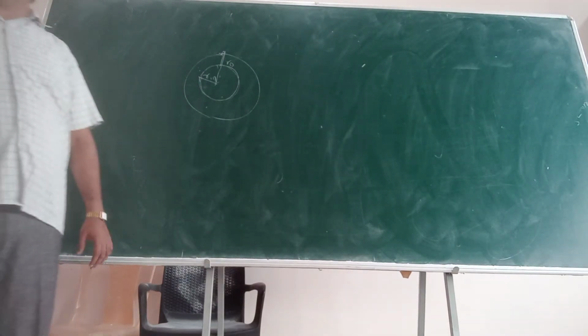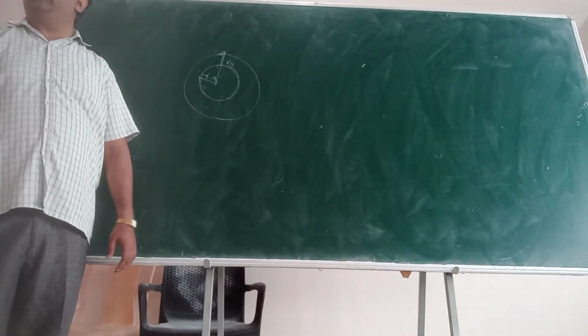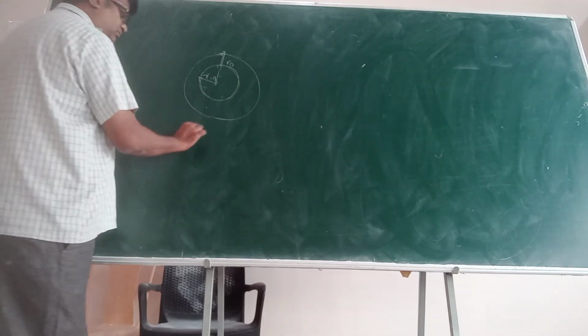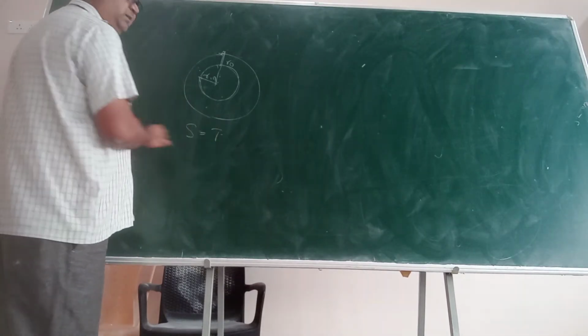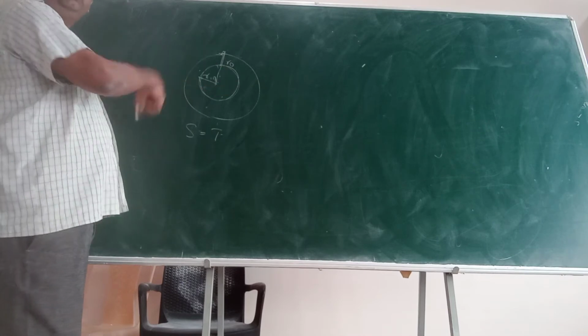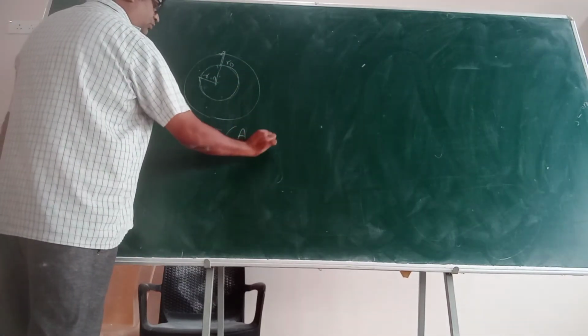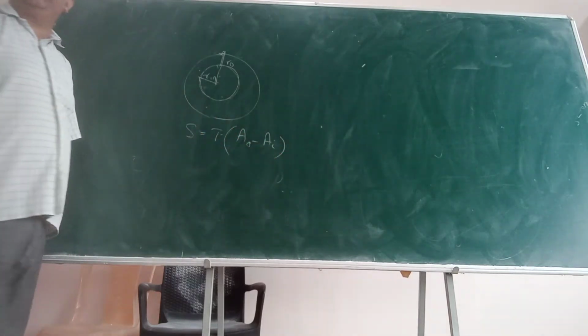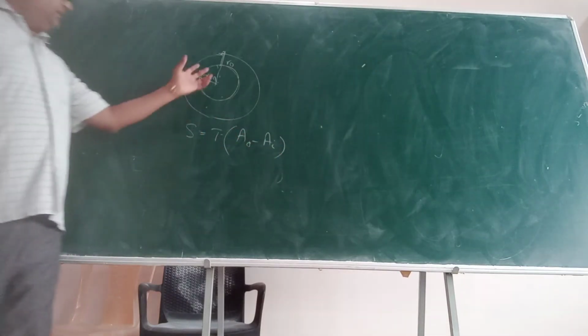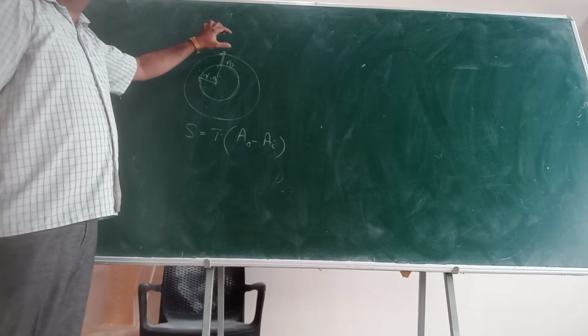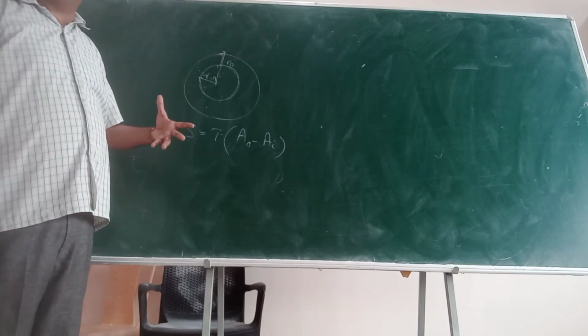If I have to write surface energy, how will I write? S is equal to T of the liquid multiplied by dA. So it will be area out minus area in. Clear now? That is the reason why it got expanded, because of the surface energy only.